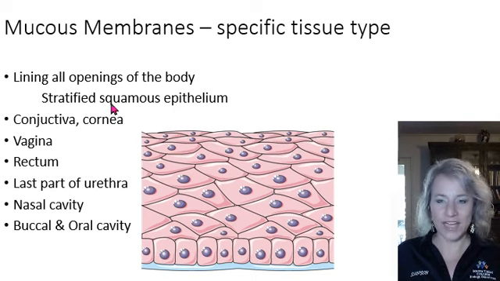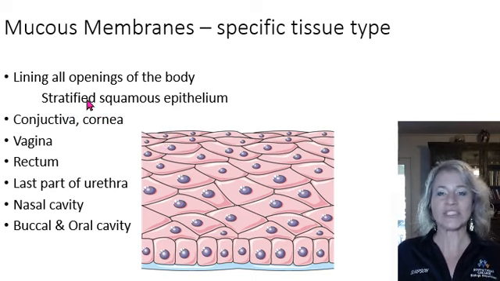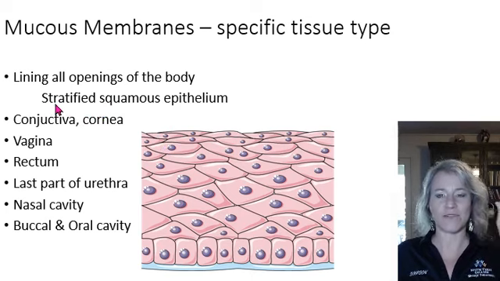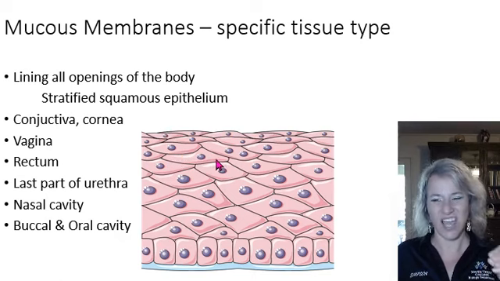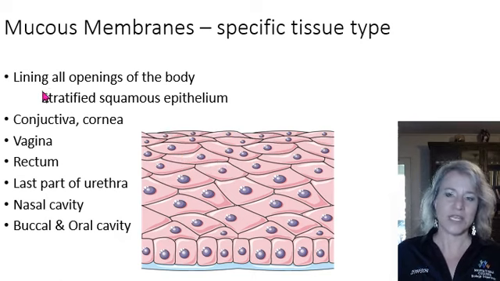So what does stratified squamous mean? Remember, simple squamous was your serous membrane. Simple means one layer. Stratified means many layers. And squamous is still a flat, scale-like type of cell.